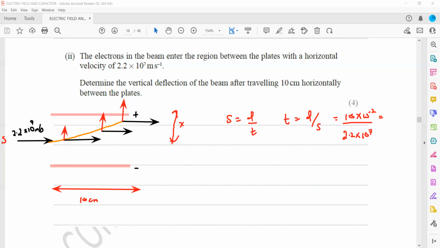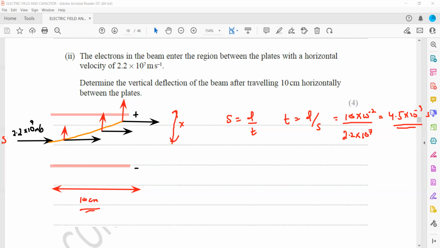When we divide, it will be 4.5 × 10^-9 seconds. That is nanoseconds, so it will take 4.5 nanoseconds to cover 10 centimeters. And it is obvious, because the speed is so high, it will take a very short time to cross this distance.